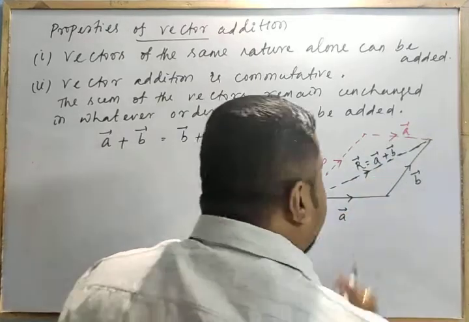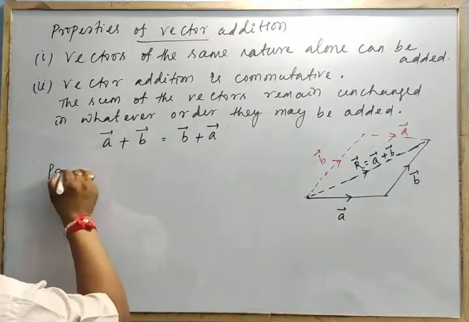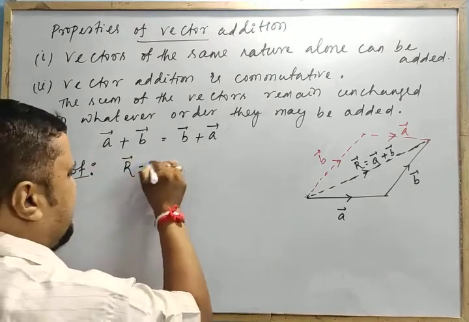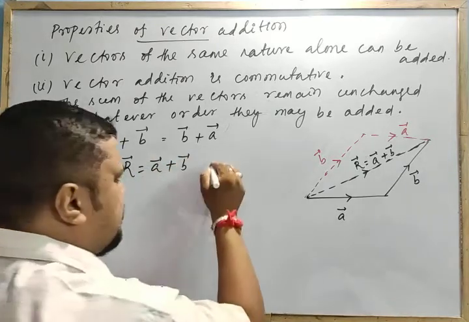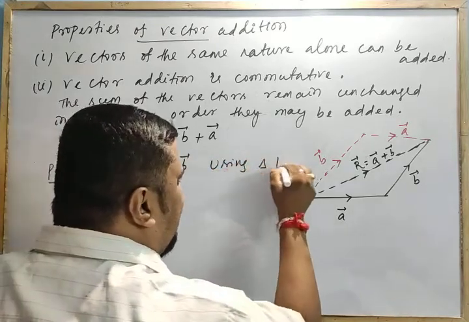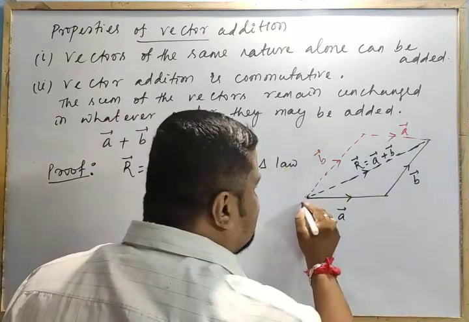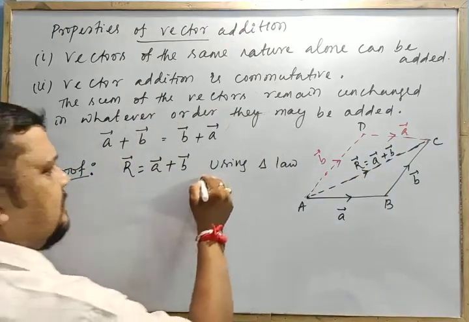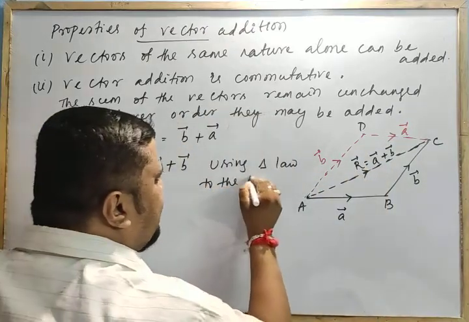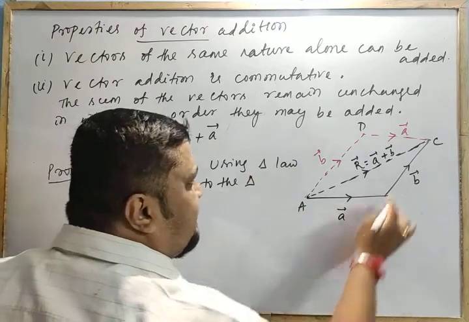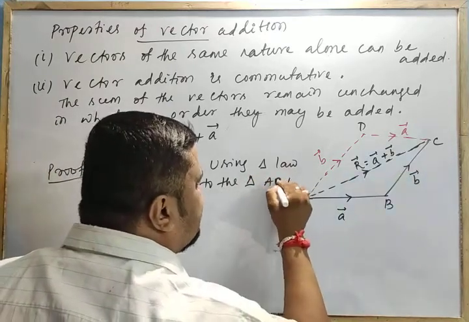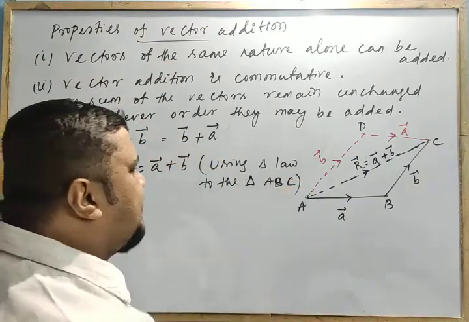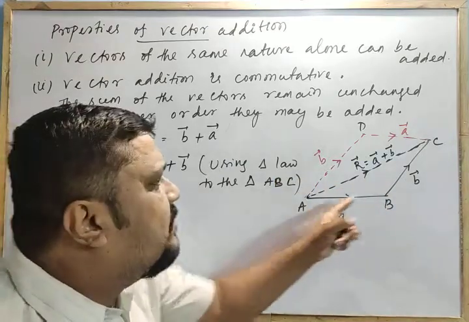So for that, I can say R is equal to A plus B using triangle law. Let me give the names A, B, C, D. Using triangle law to the triangle ABC, R is equal to A plus B.